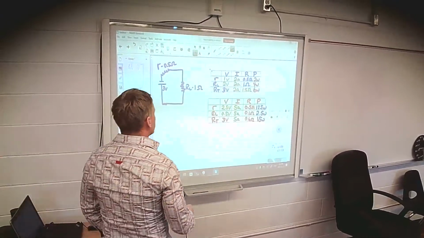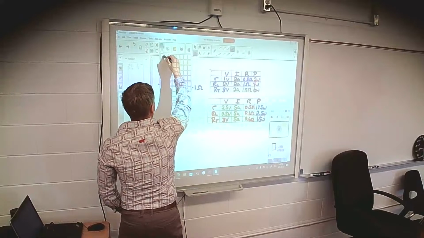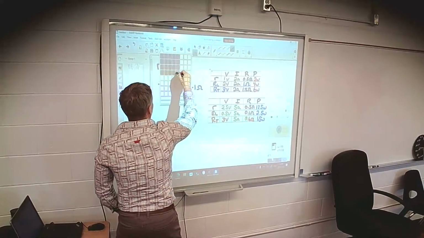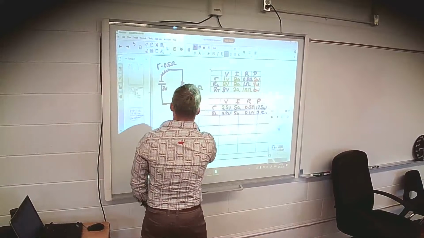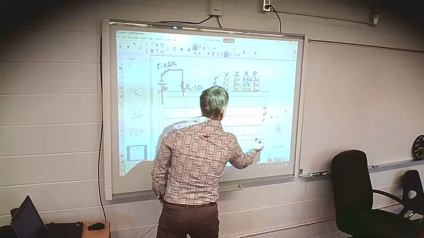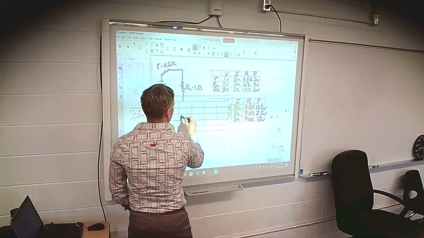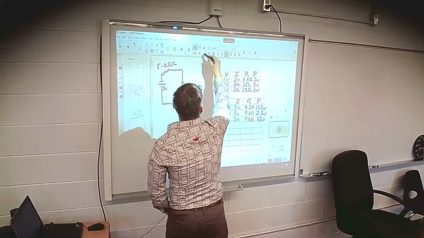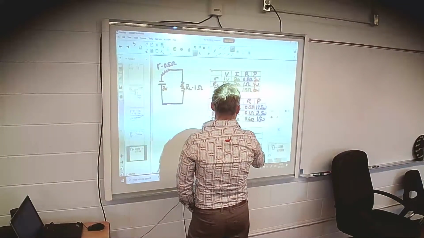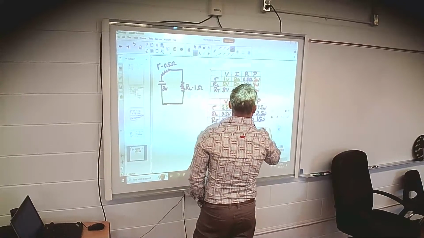So now we're going to check this a third time, and this time let's make the load resistance and the internal resistance equal. Let's see what happens here.